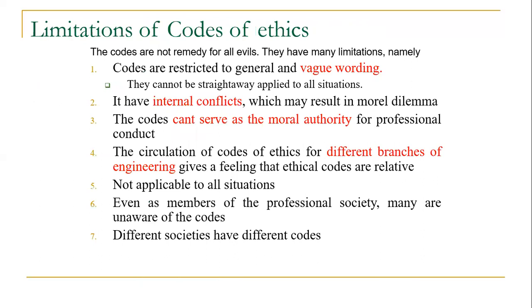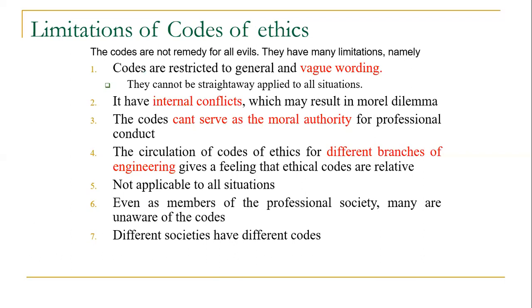Next, let us see some of the limitations of codes of ethics. There are four major limitations of codes of ethics. They are as follows. The first one is that codes of ethics are broad guidelines restricted to general and vague wordings or phrases. The codes cannot be applied directly to all situations.